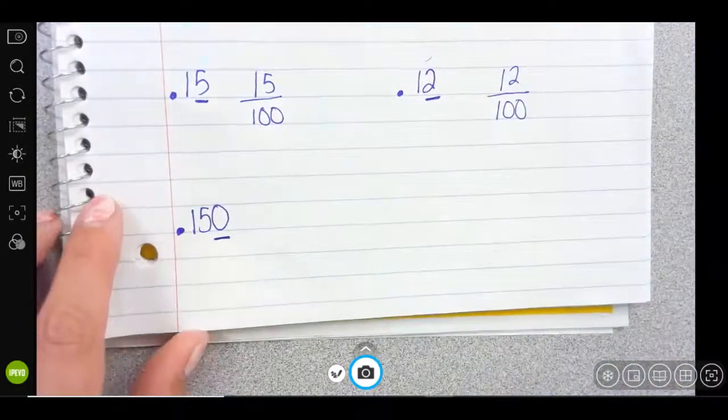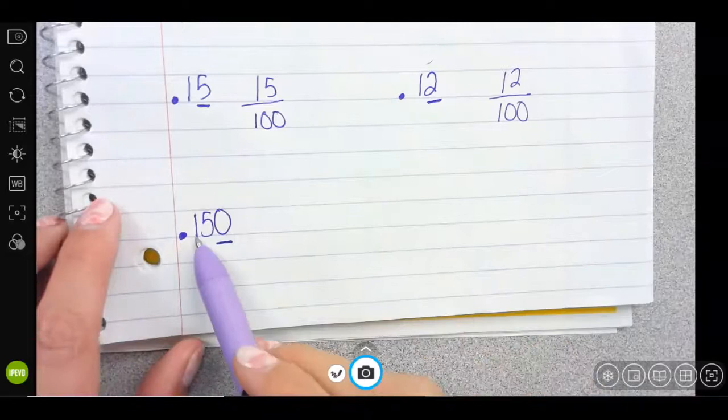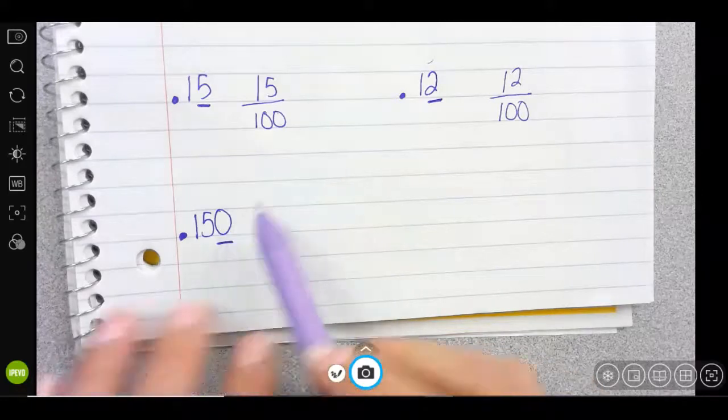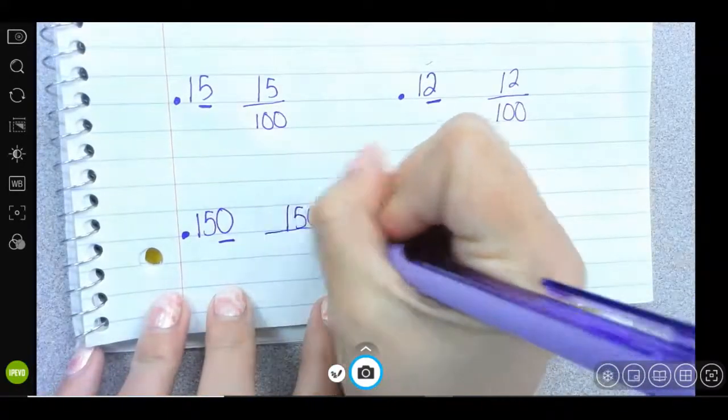This 0 is in what place value, guys? The thousandths, right? This is the tenth, this is the hundredth, and this is the thousandth. Okay, so this would be 150 thousandths.